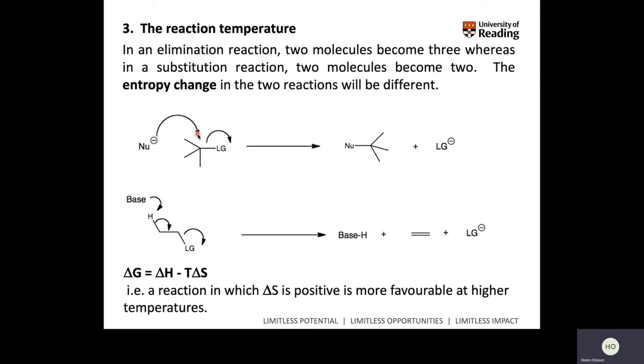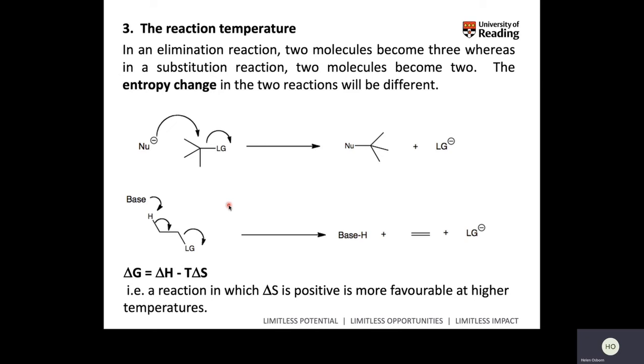And when we do our substitution reaction, whether it's SN1 or SN2, doesn't matter, we end up with two components on the right-hand side: our substituted product and our leaving group. So in other words, two molecules of starter materials give us two molecules of product. We're not creating any extra molecules, we're not increasing the entropy of the reaction.